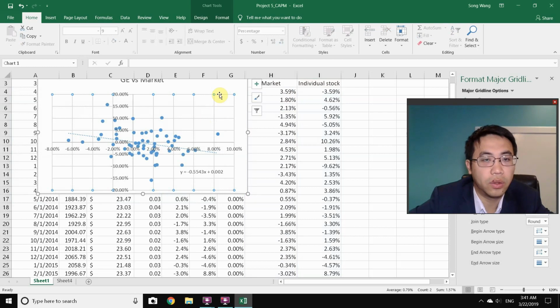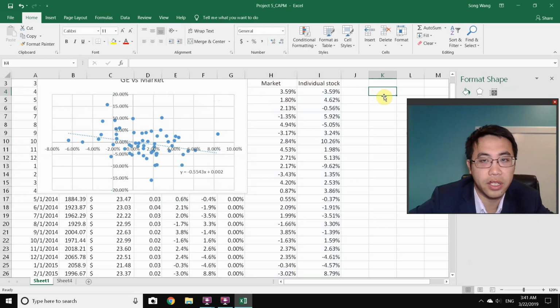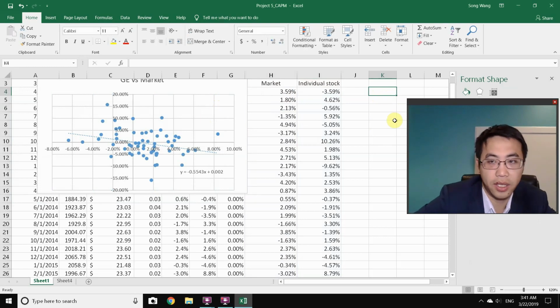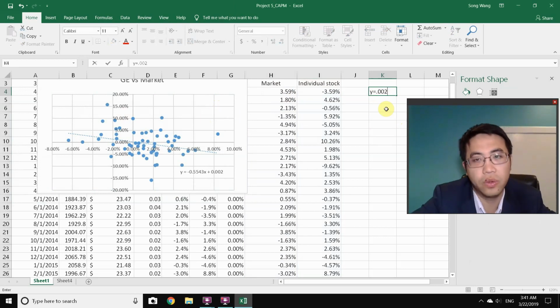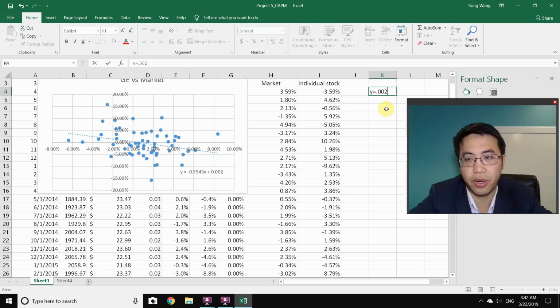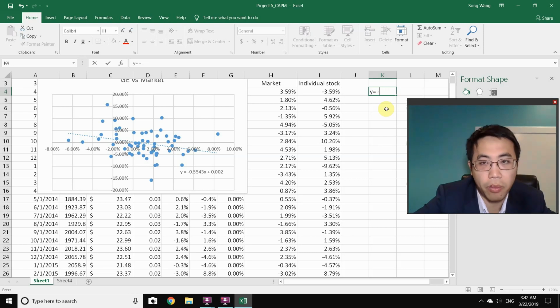Okay, so right here you can see that the equation is y equals 0.002, which is a very slim number that is very close to 0, so I can just skip that. Okay, I just record negative 0.5543 x. So that is my beta.